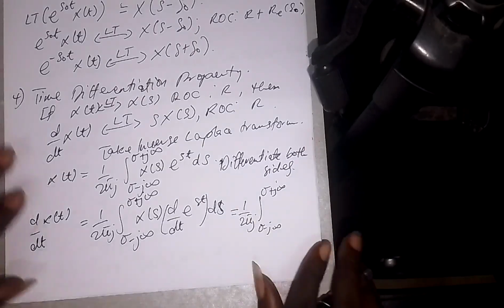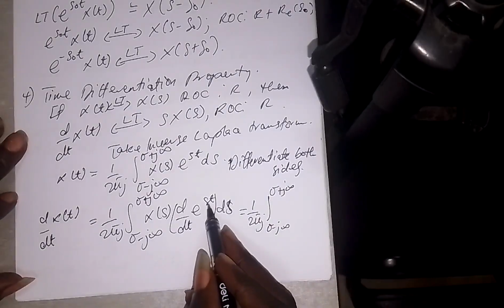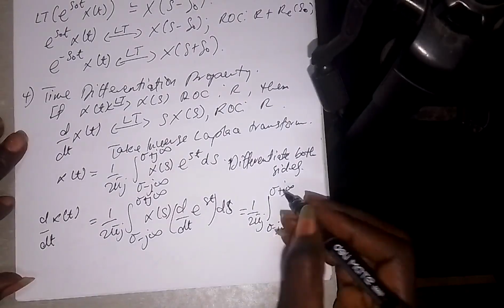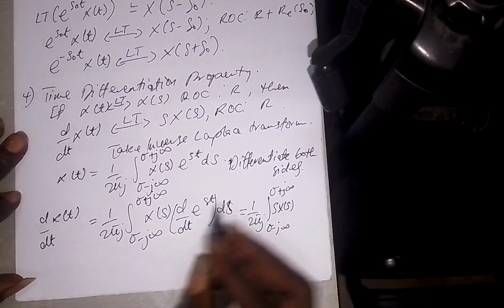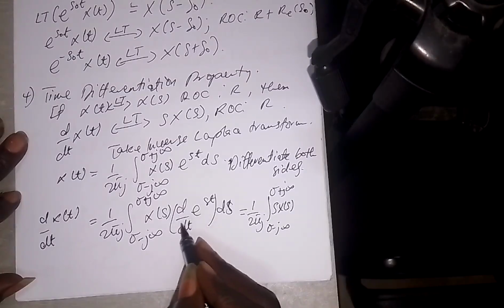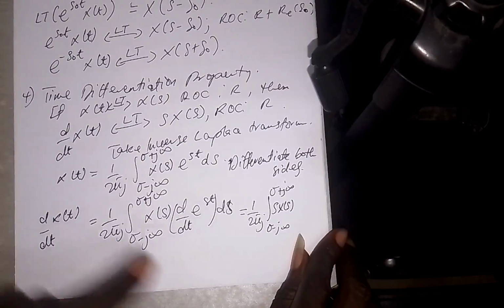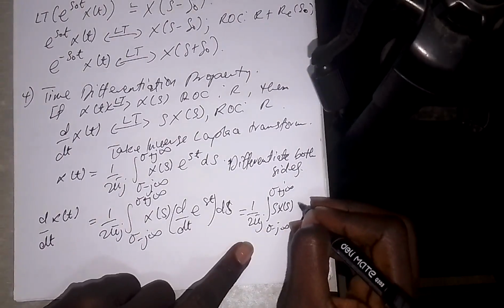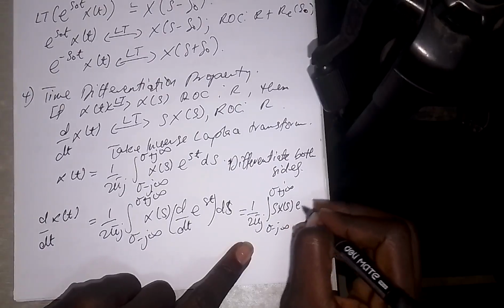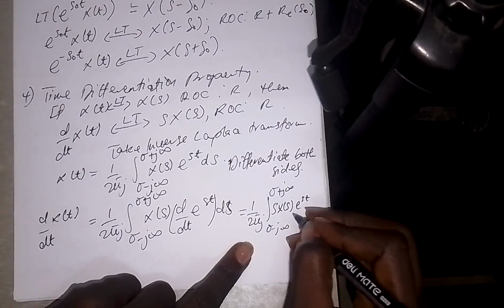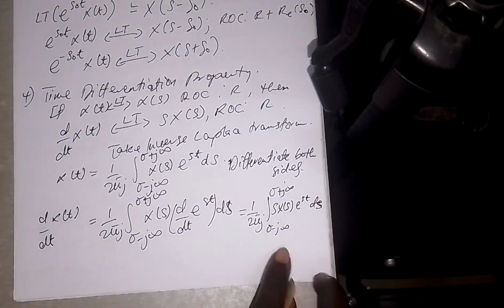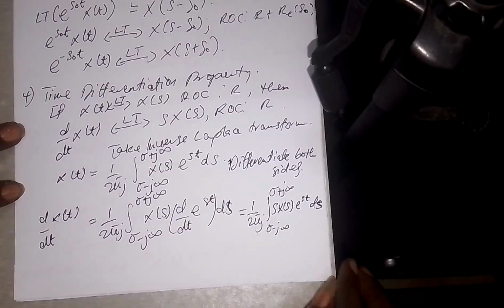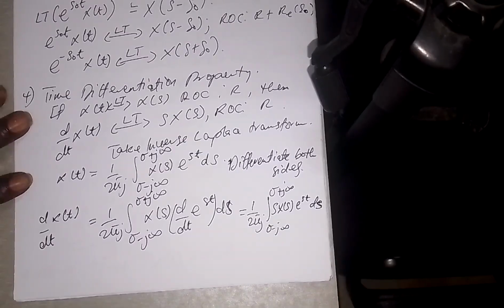If I differentiate this one with respect to t, then I'm going to have s, so s times X of s, and then e to the s t, d s. This is what I'm going to have.